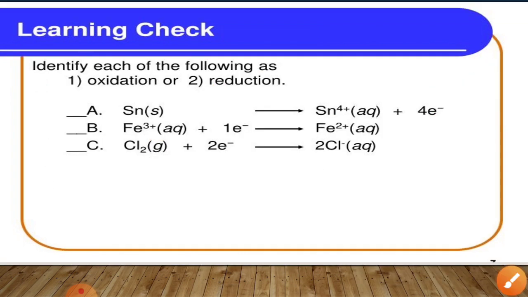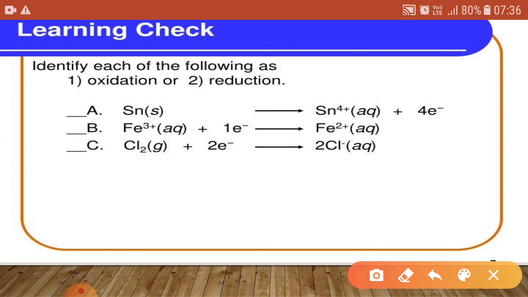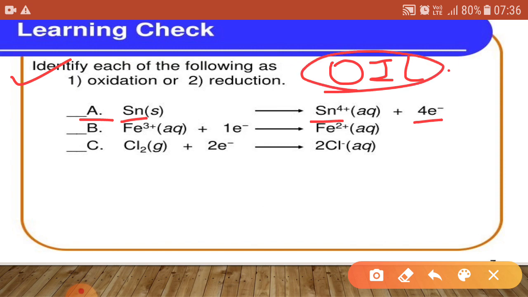Now we can test this with this question about oxidation and reduction. In the first reaction, tin is losing the electron. So oxidation is losing the electron, and here oxidation is going on. Now in the second reaction, iron is gaining the electron.